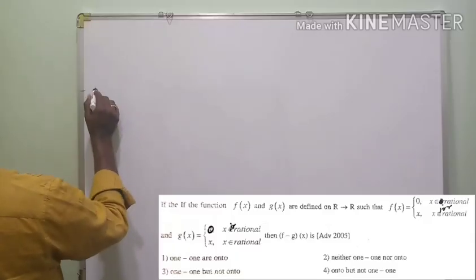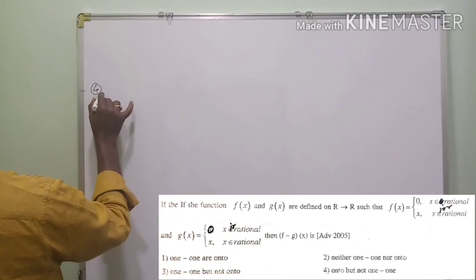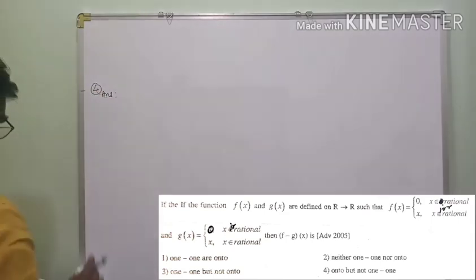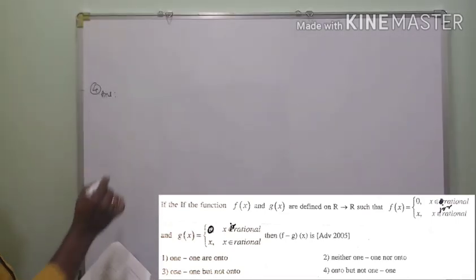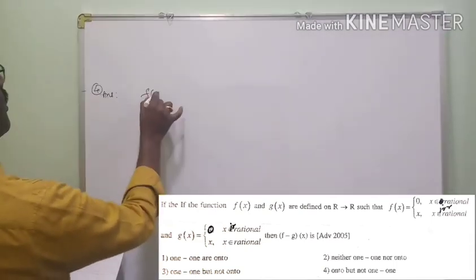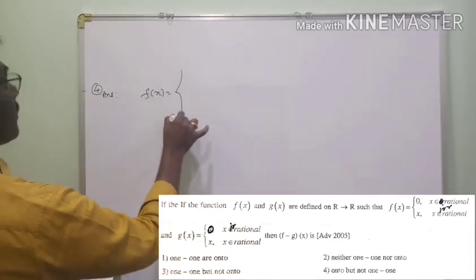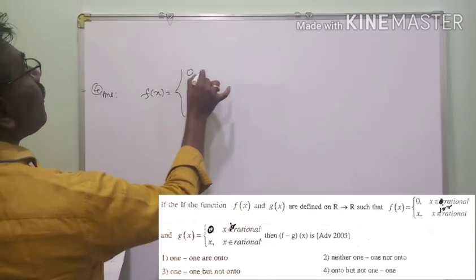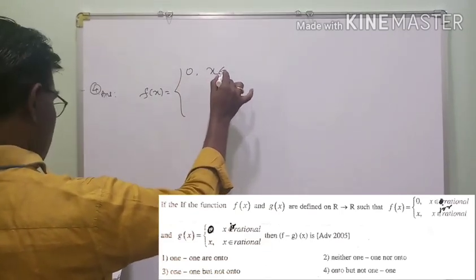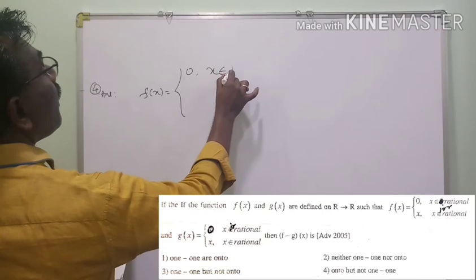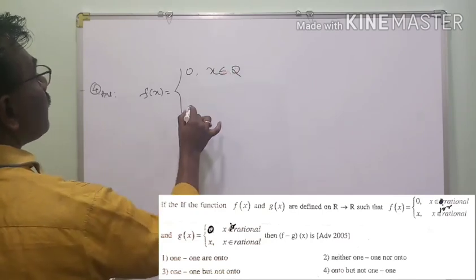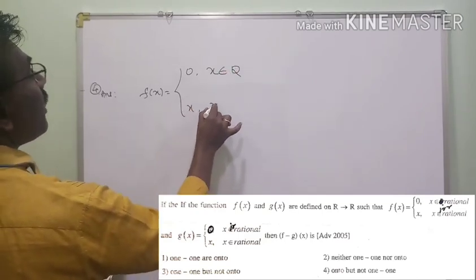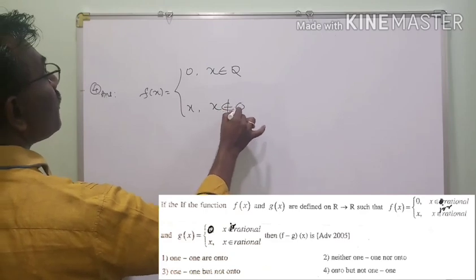Question number 4. Answer. f of x is 0, x belongs to Q, and x does not belong to Q dash.